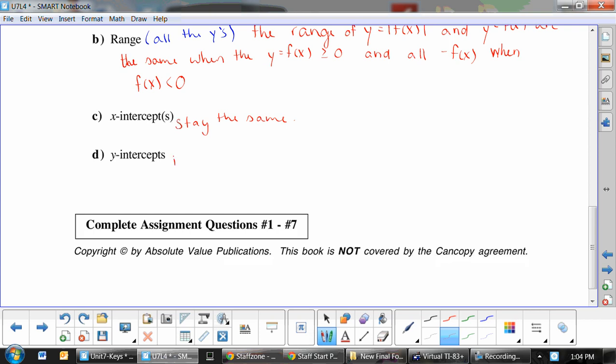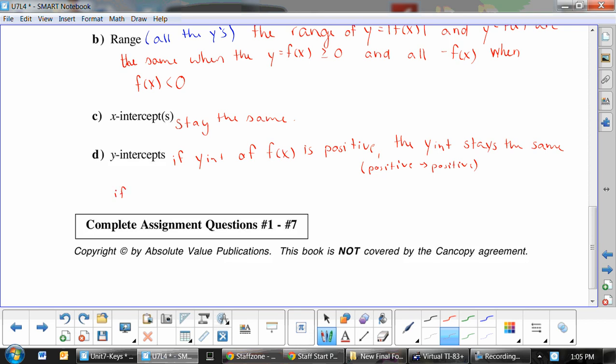Okay? So we say if the y-intercept of the function is positive, the y-intercept stays the same. Okay? And then if you want in brackets, you can even write positive to positive. Okay?